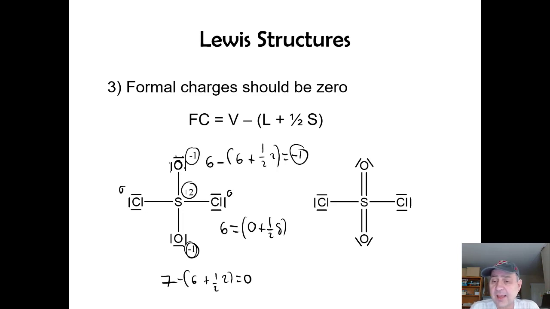That can be done in this case for sulfur, because sulfur can have an expanded octet. Now, the double bond that we're making here is no longer made with a hybridized sp3 orbital, right? It's now actually done with a d orbital. If you think about it, the bonding orbitals are s and then px, py, and pz.